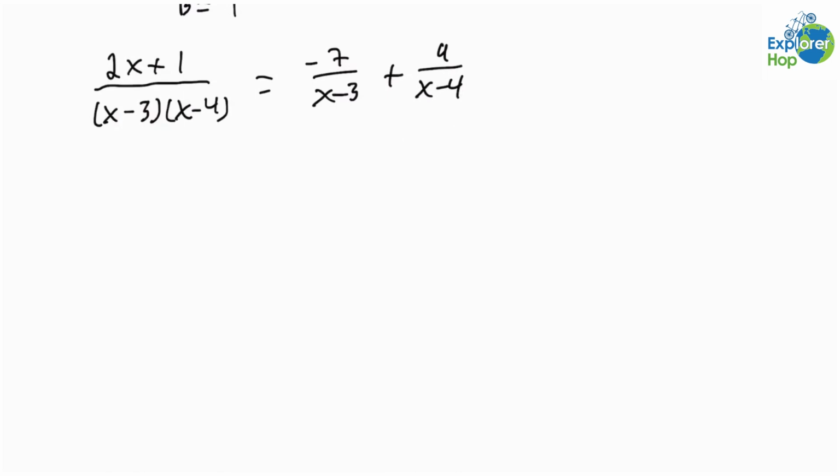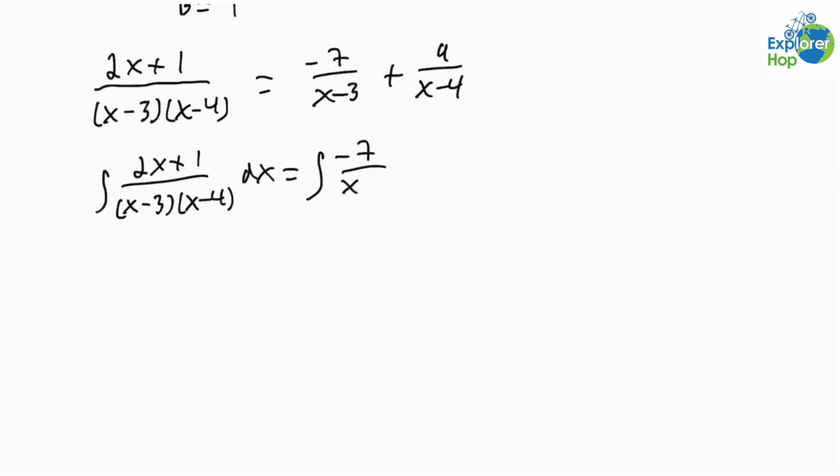So the integral of 2x plus 1 over x minus 3 times x minus 4 is equal to the integral of negative 7 over x minus 3 plus 9 over x minus 4 dx.